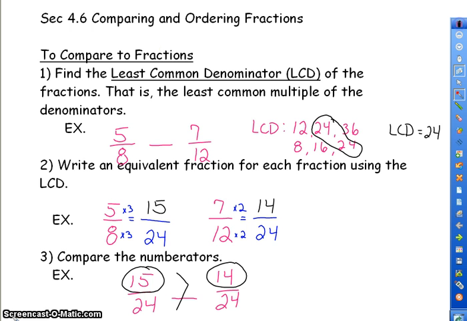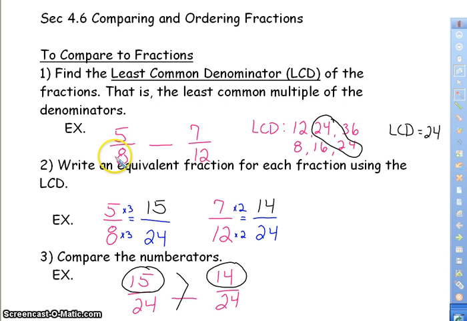So I made an example, 5/8 compared to 7/12. So we're going to find the LCD, the least common multiple. Remember, for the least common multiple of the denominators, we'll name the multiples of those numbers. So the multiples of 12 will be 12 times 1, which is 12, 12 times 2, which is 24, 12 times 3 is 36.